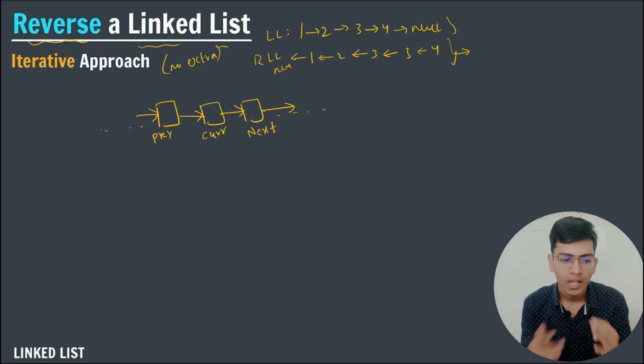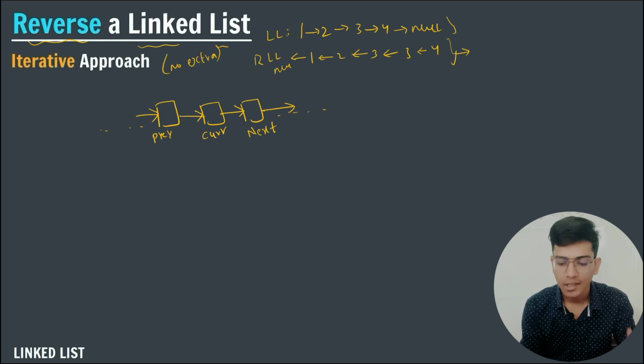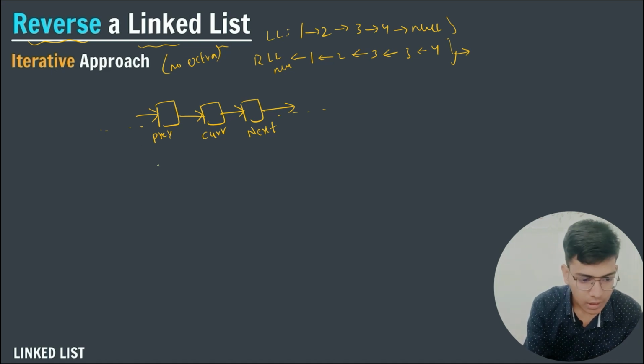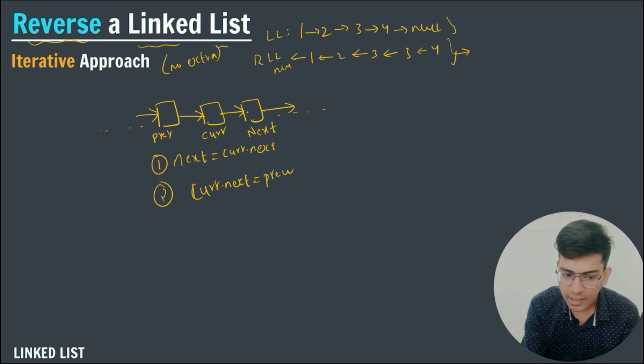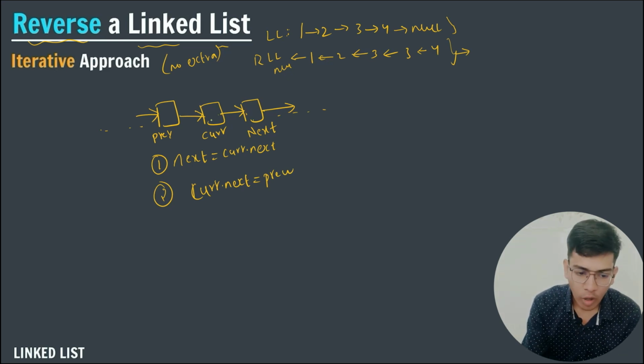So what are the steps? Reversing a linked list is a 4-step process. The first step is next = current.next. The second step is current.next will point to our previous. So instead of current pointing to next, we are going to point this connection to previous.